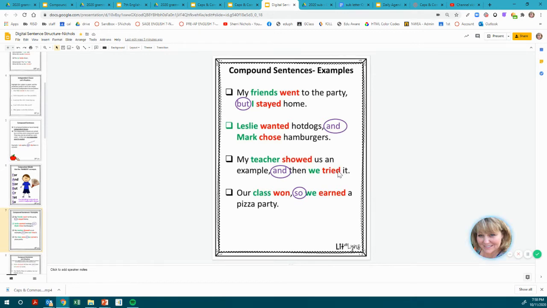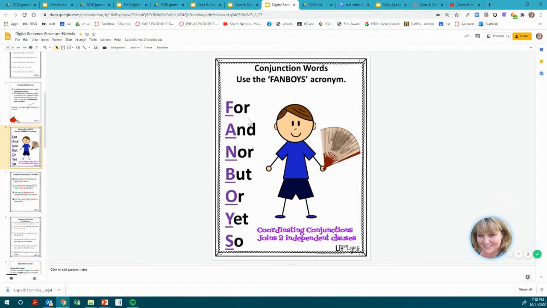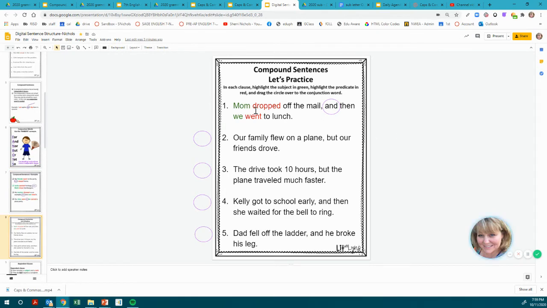My teacher showed us an example, comma, and then we tried it. Our class won, comma, so we earned a pizza party. So when you choose your FANBOY, make sure you're picking one that makes sense because they have different meanings. Be aware of that. Then we have some compound sentences for you to look at and work.